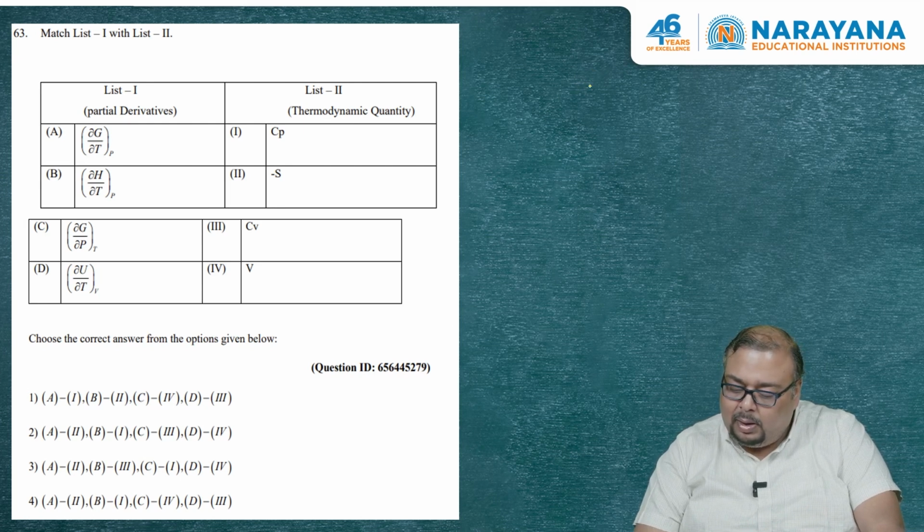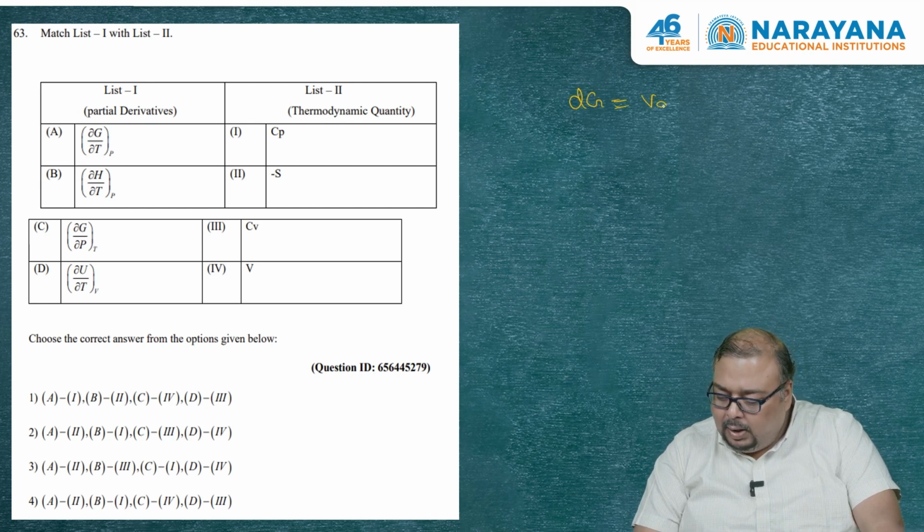Now this has to be done using the following set of relations: dG is equal to VdP minus SdT, second is dH is equal to CpdT, and dU is equal to CvdT.